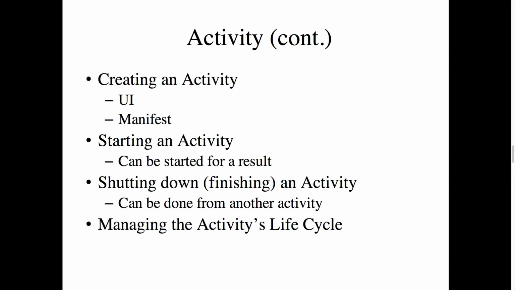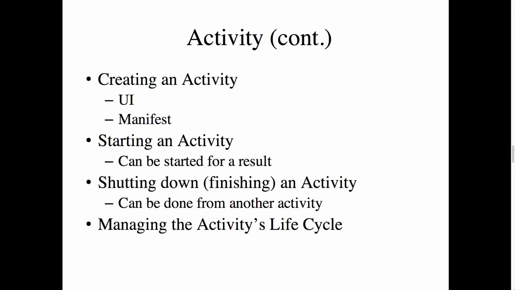One is the way I just described, which is the system automatically starts it because of either app launch or because another application asked for it to be launched, or you could do it programmatically. In one of your activities, you could say, I want to start a new activity whenever he presses this button.